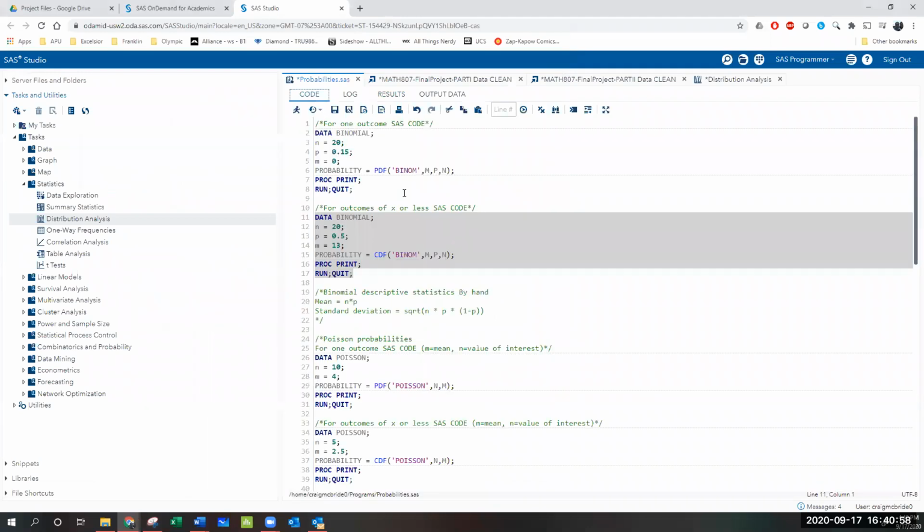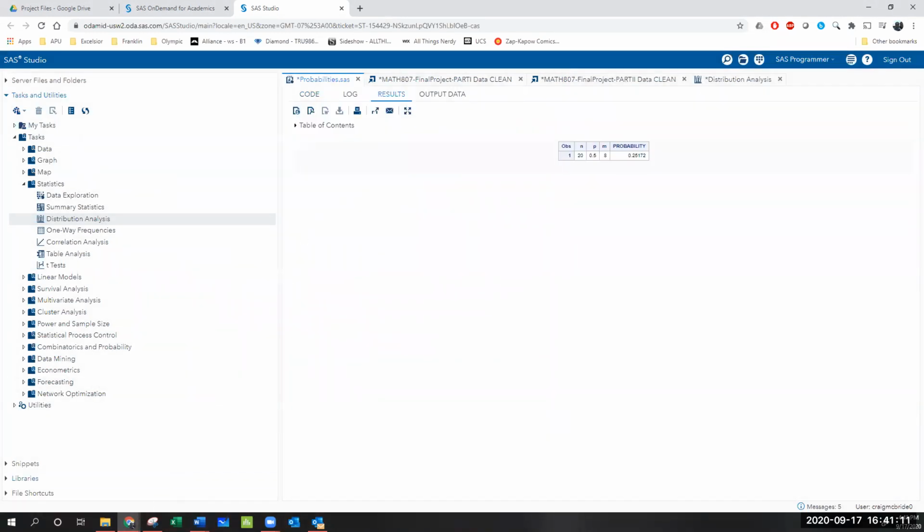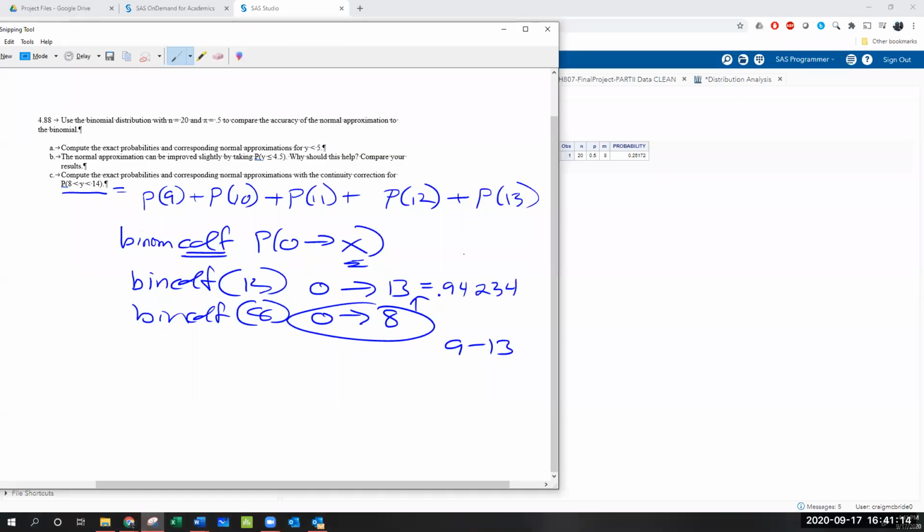And then if we go back to the code and we change it to 8 and run it, then we can see that 0 through 8 gives us 0.25172. So of course this minus this will be our answer, right? So 0.94234 minus 0.25172, that will be our exact answer.